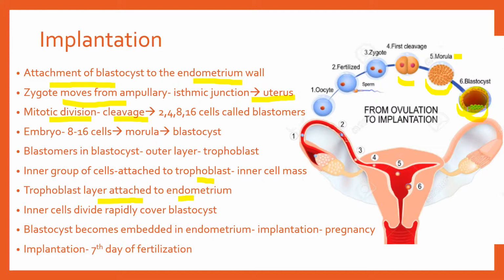Now this blastocyst here, in the sixth stage, becomes embedded in the endometrium, and this is called implantation. Implantation assures the pregnancy. Implantation takes place exactly on the 7th day after fertilization.